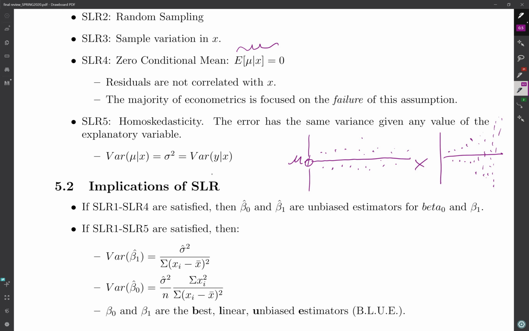Luckily for us, we can easily get around this in Stata by using the robust option. Okay, so we've got robust standard errors, which are going to adjust our standard errors.